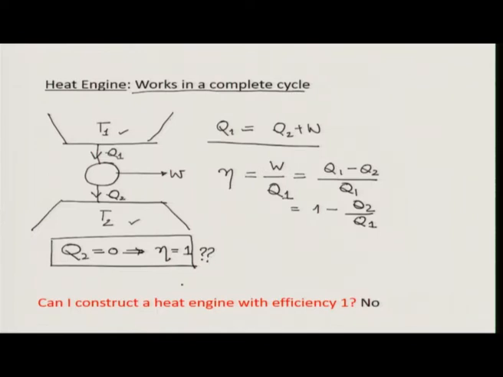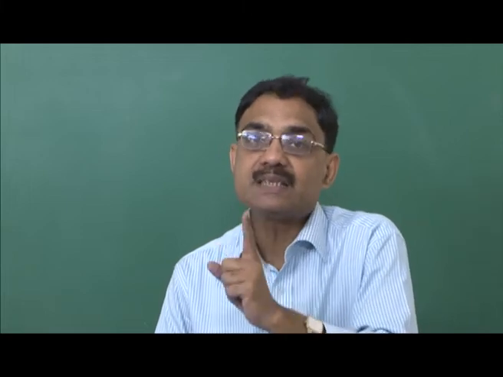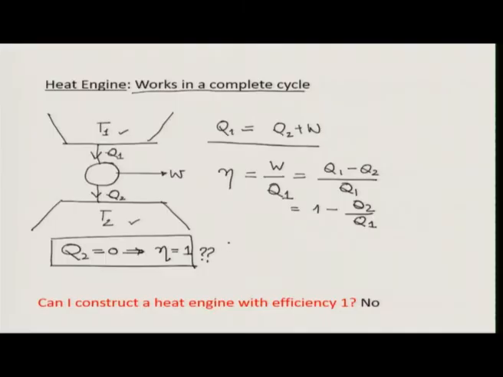My machine will extract heat from the hot reservoir and convert it completely to the work. Question is, is it possible? I said answer is no. Second law forbids this. So, according to second law, this is not possible, though remember, conservation of energy, which is the first law, that is satisfied.